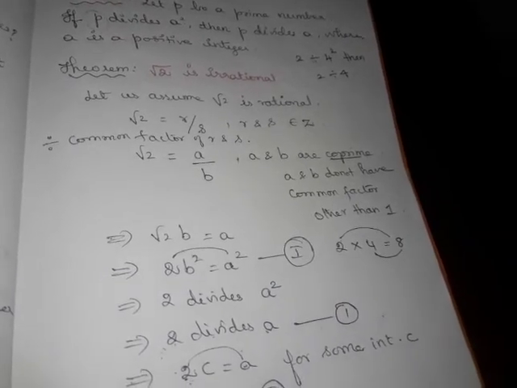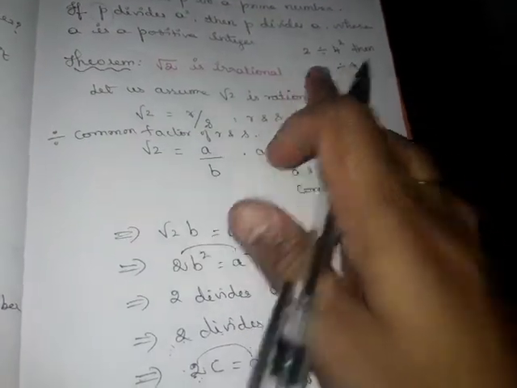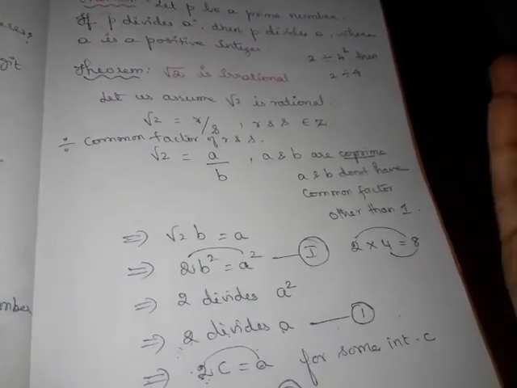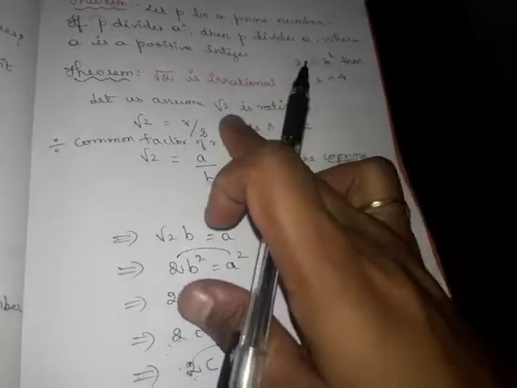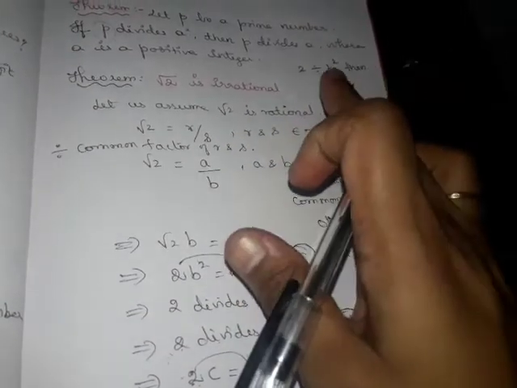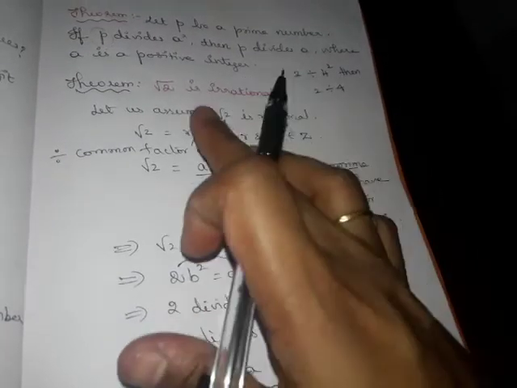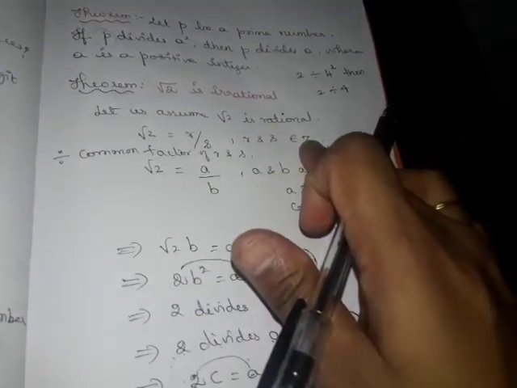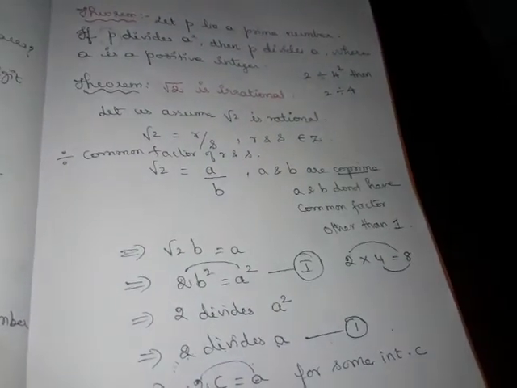I repeat the process of what we did. We need to prove root 2 is an irrational number. We assumed the contrary, we assumed the opposite. What happens if root 2 is a rational number? According to the definition, any rational number is of the form p by q, where p and q are integers. So root 2 can be written as r by s, where r and s are integers.